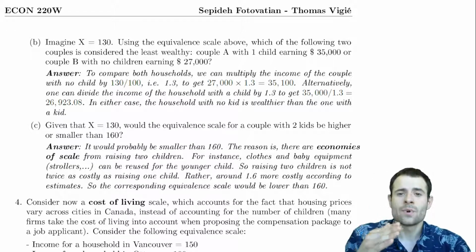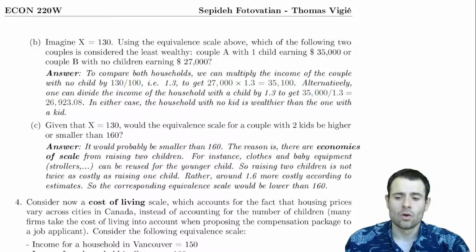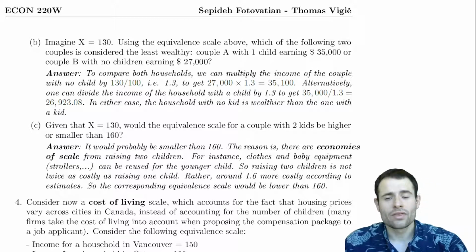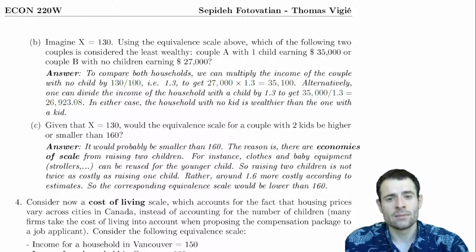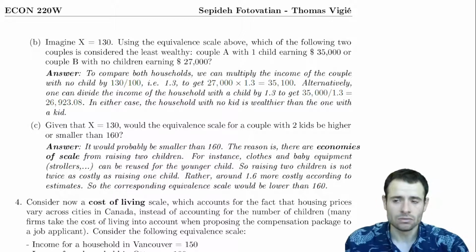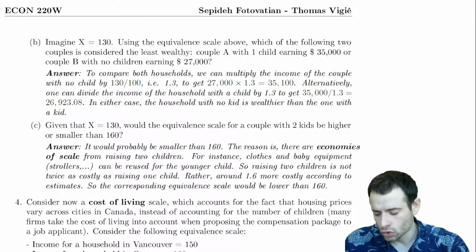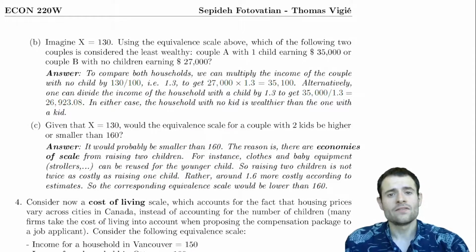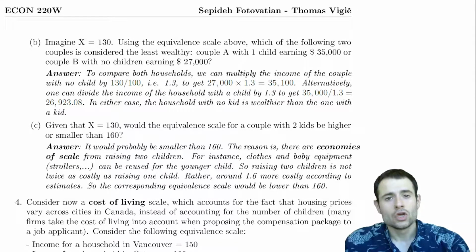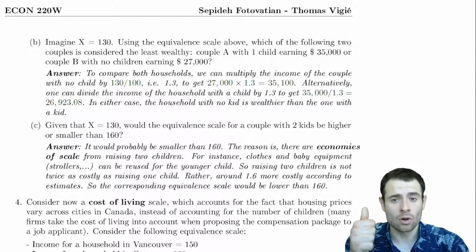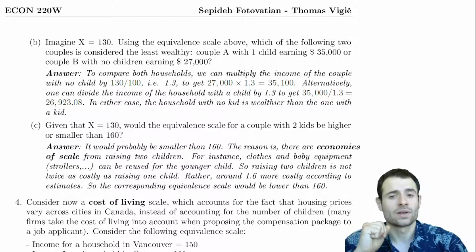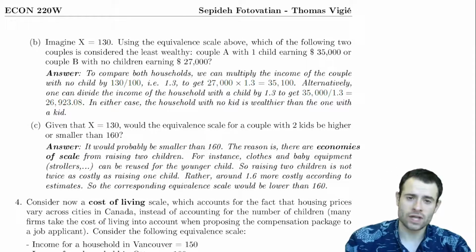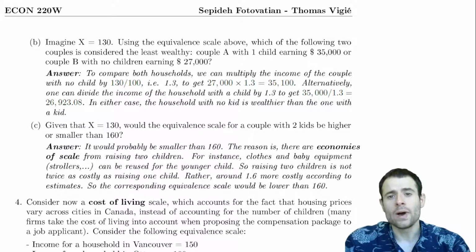You could make the same analysis with 2 children of the same sex, versus 2 children of a different sex. If they are exactly the same sex, 2 boys or 2 girls, then you can use everything. You can use the same clothes, same bed, same equipment. If you first get a boy and then get a girl, you might have to buy different clothes.